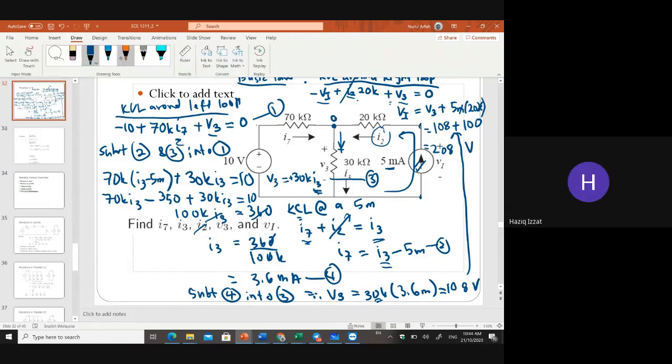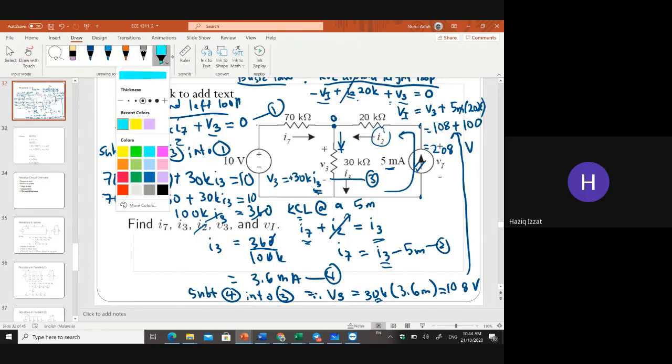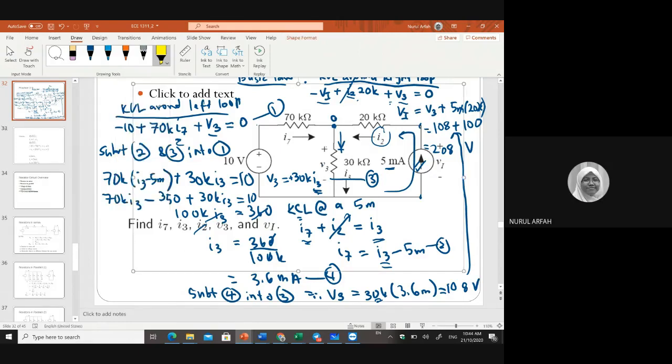Equation number 4 is I3, 3.6 milli. Okay, good. We have this I3, this V3, this VI, and I2 equal to 5 milli. Done.